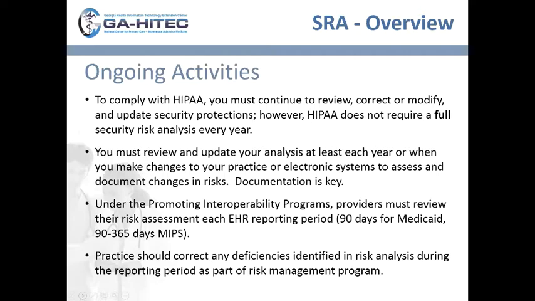You should correct any deficiencies identified in the risk analysis during the reporting period as part of your risk management program. If you're doing that risk analysis on December 31st, and I know y'all are out there because I've done them with you, then obviously you wouldn't be able to get everything mitigated by the end of the year.